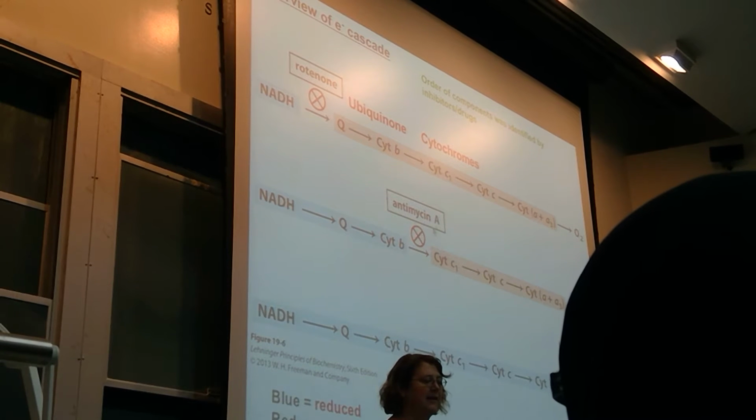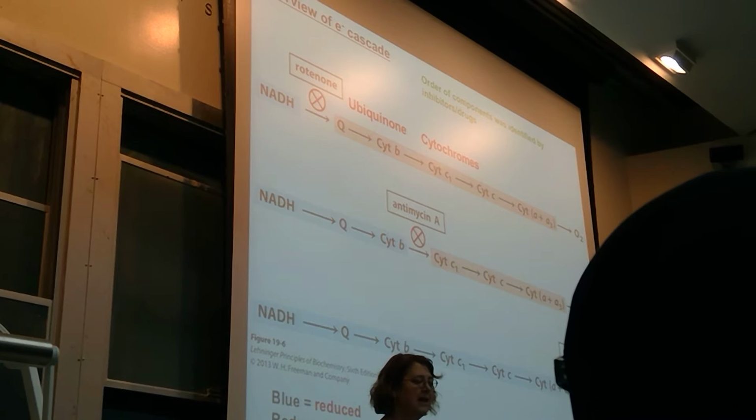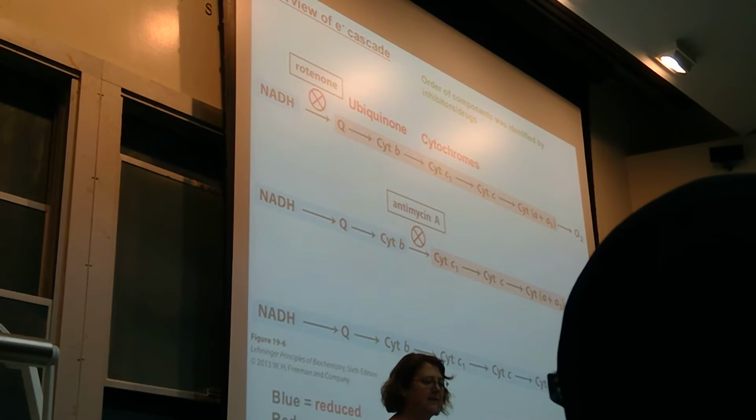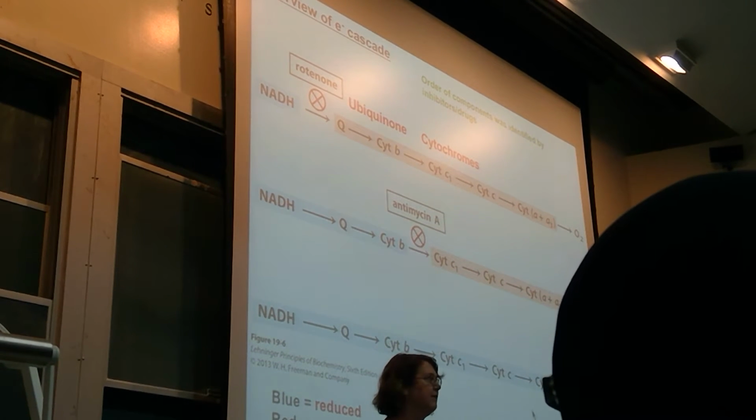Adding antimycin A allows ubiquinone and cytochrome b to be reduced, but these others are still oxidized. So it's just confirming the order. And finally, at the very end, there was an inhibitor that blocked the final transport to oxygen. All of these were reduced except for oxygen at the end.